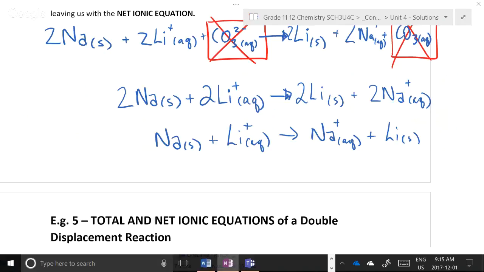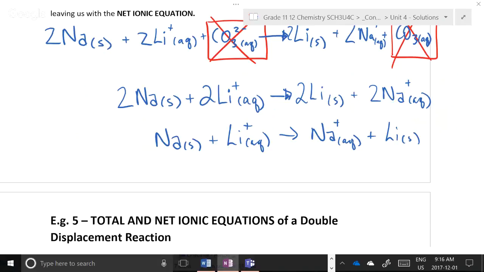And now the lithium's solid, and the sodium's positively charged, dissolved in water, aqueous. And carbonate's just the friend who you thought was your friend, but was really just like, doesn't involve me, buddy. It's along for the ride.